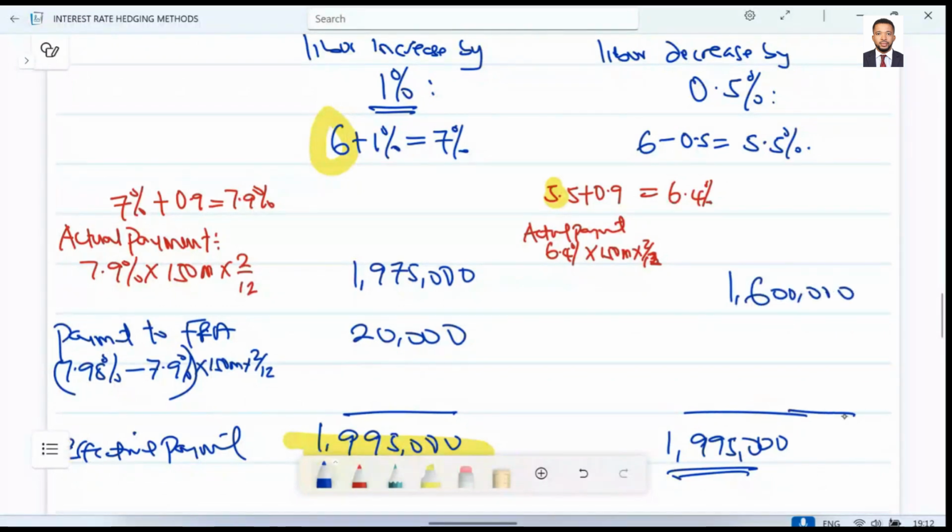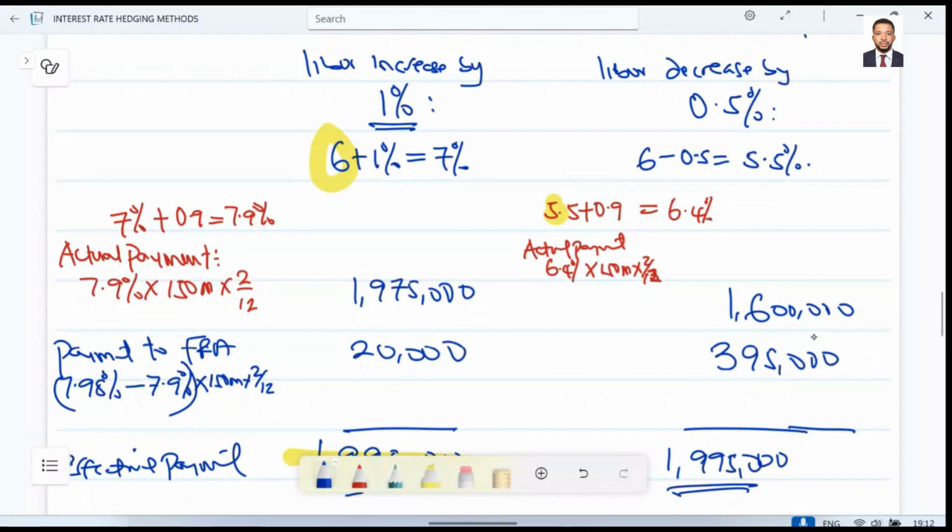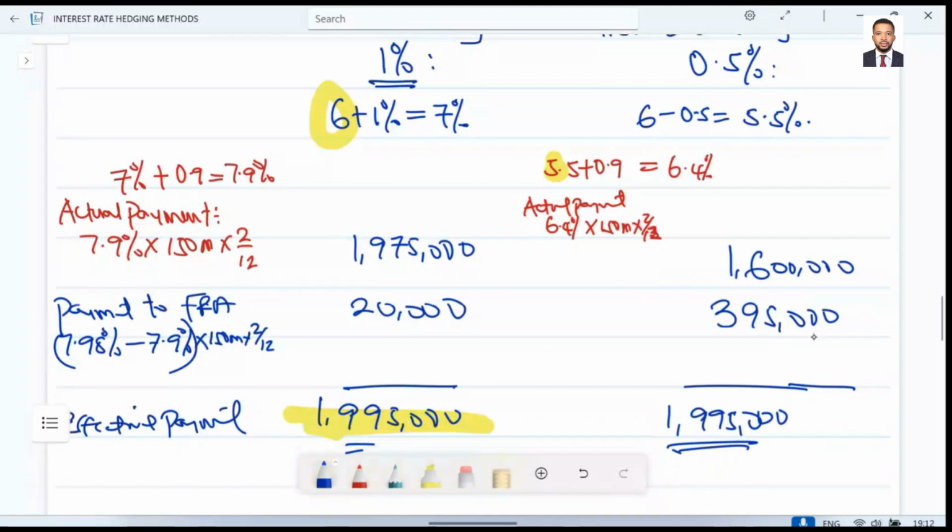Now what is happening here? The difference is how much? 395,000. So is it payment to FRA or receipt from FRA? Payment to FRA.